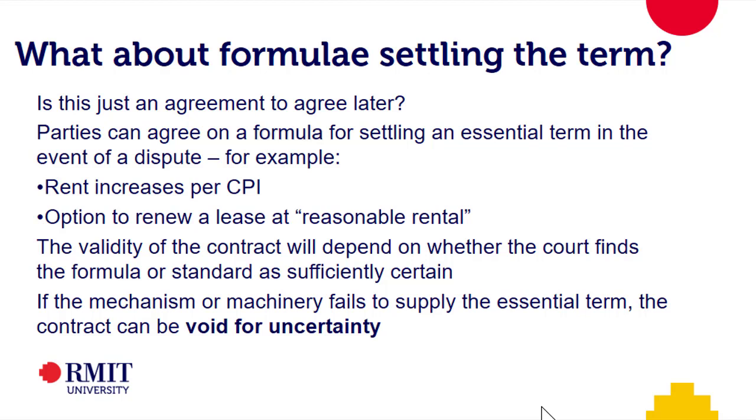A very wise partner said to me once, always run numbers through every formula. Really go and check whether or not it actually makes sense. Run a number of different scenarios, because if the formula doesn't work, you end up with uncertainty.